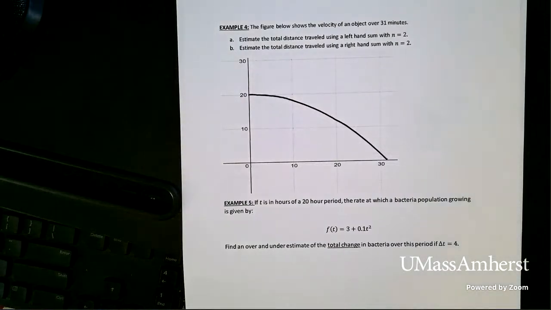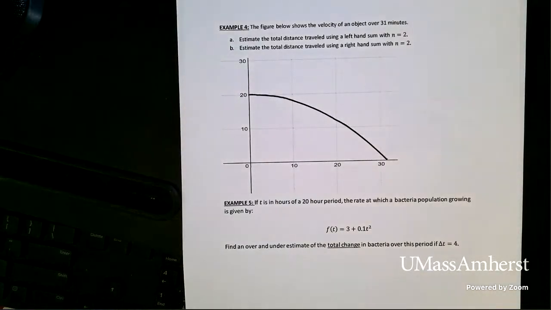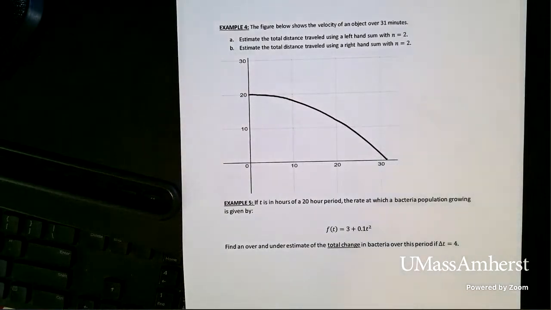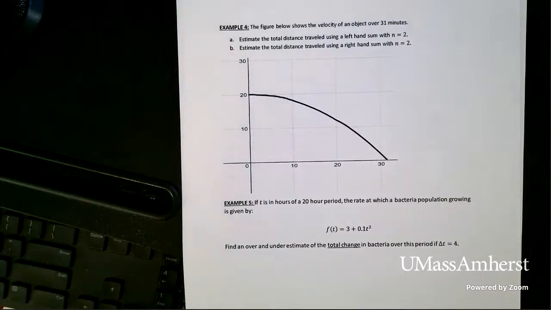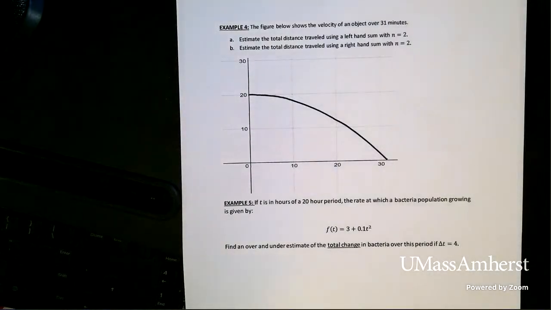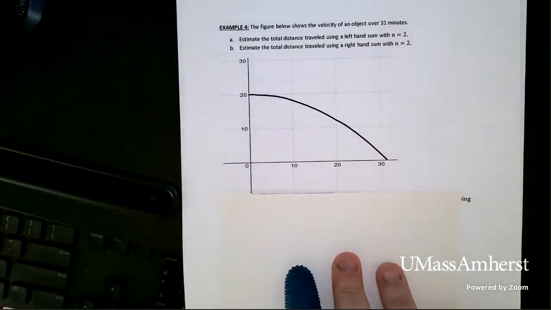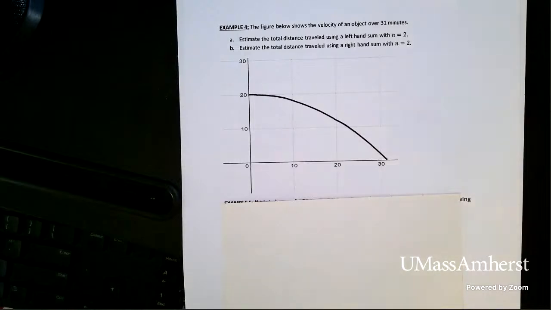So I want you to think about what n represents, how we might use the rectangles that we talked about before to fit those in, and what the difference would be between a left-hand sum and a right-hand sum when you draw in those rectangles. Okay. So I'd like you to take 2 minutes, see if you can figure out how we might approach this, and then we'll go through it together.